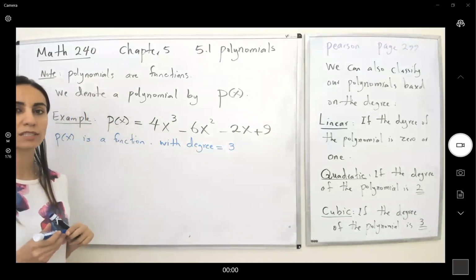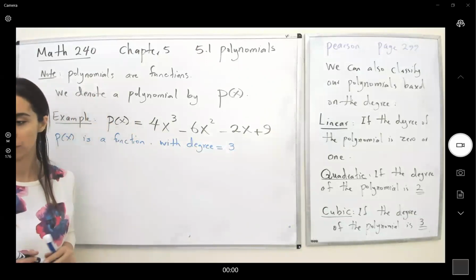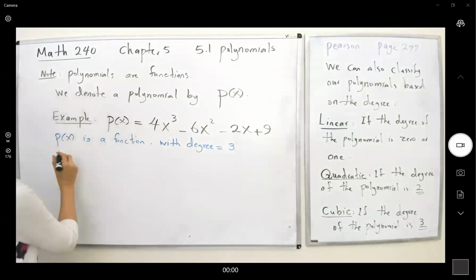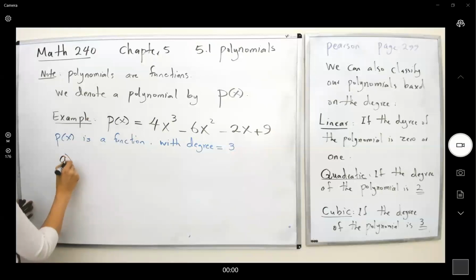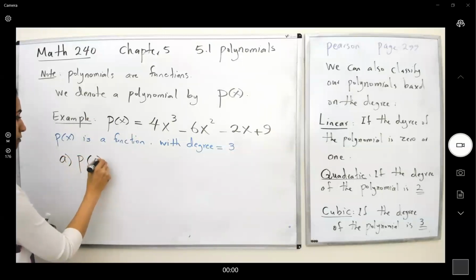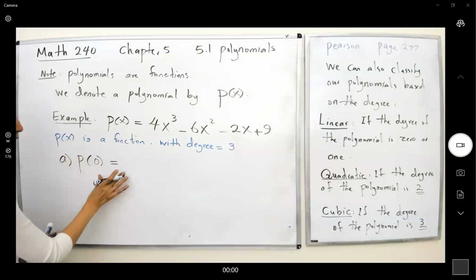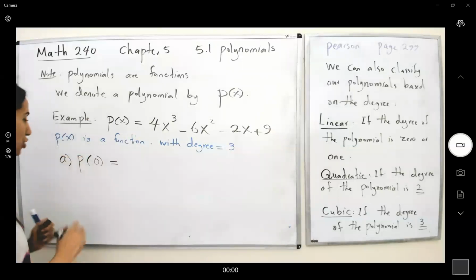Now the question says evaluate the polynomial function at the given points. So suppose the first x value is 0. What is your y value? What is the value of your function?